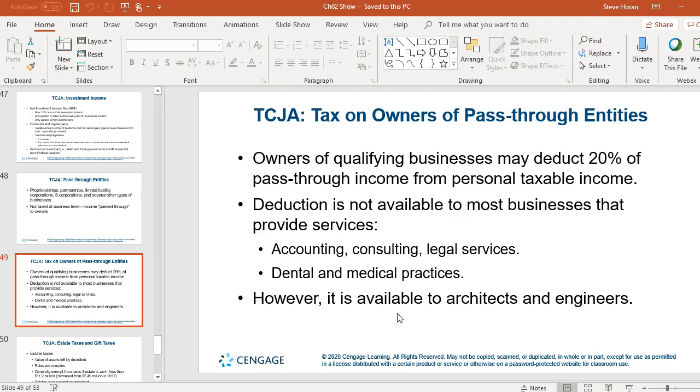You get some of it. It says here it's not available to most. You can get a little bit of it, just not the full amount. But if I'm a retailer and my retail business is set up as an LLC, I get the 20% QBI. The point was to give the same tax break that corporations received to all the other business forms.